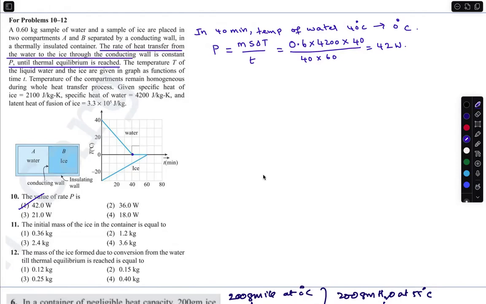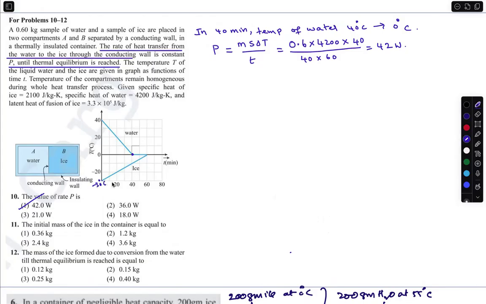Now the second part of the question deals with the initial mass of the ice in the container. The sample of the ice has received heat at a constant rate from the water. So what happened initially is it is at minus 30 degrees centigrade.